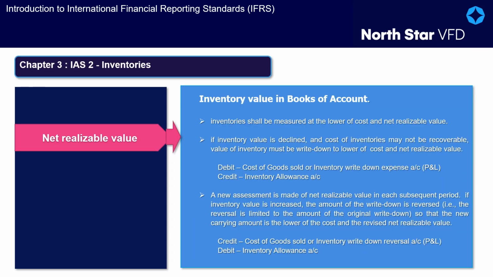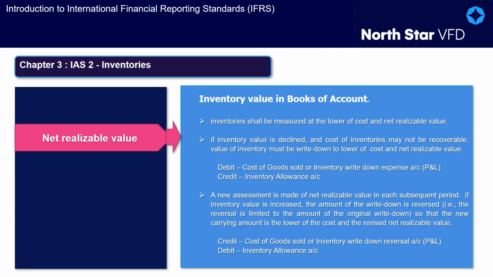Net realizable value. IAS 2 states that inventories shall be measured at the lower of cost and net realizable value. In earlier slides, in the section on definitions of important terminology in IAS 2, we learned how to compute net realizable value. Net realizable value is the estimated selling price in the ordinary course of business less the estimated costs of completion and the estimated costs necessary to make the sale.